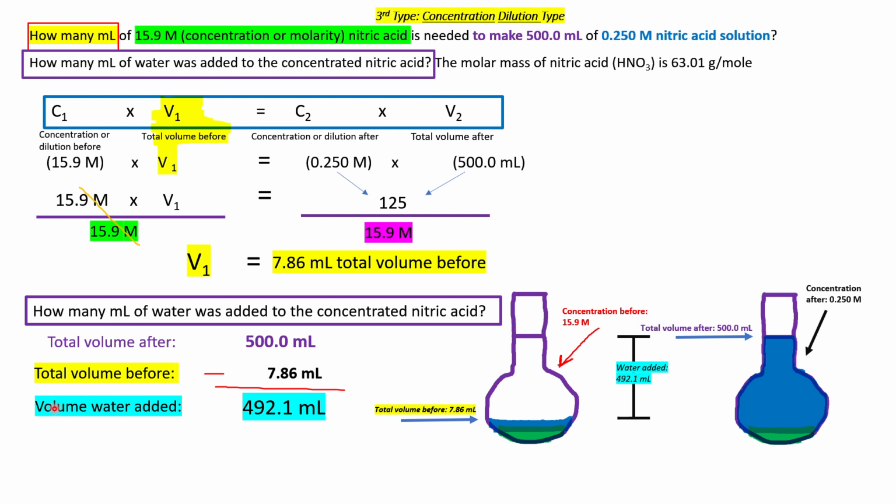That gives us the volume of water added, which is 492.1 milliliters. So notice we started with this right here. We added 492.1 milliliters of water. Now our new volume is 500 milliliters and our concentration is 0.250 molar.